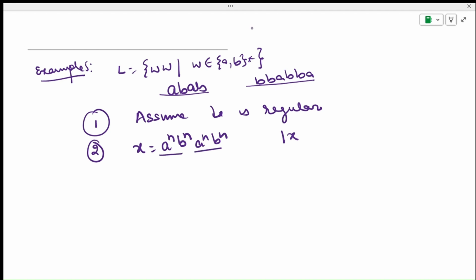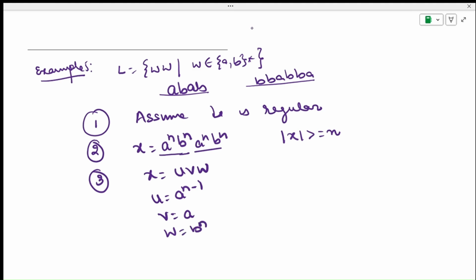So this string x is in L and length of x is greater than or equal to n. Now the third thing, divide x into three parts, u, v and w. Suppose I take u as a raised to the power n minus 1, v as a, and w has all the remaining part of the string.